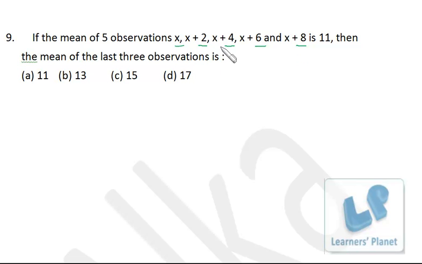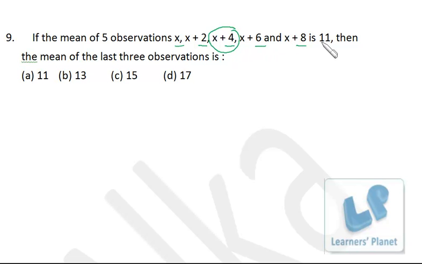Or we can say these 5 numbers are in arithmetic progression. The common difference between consecutive numbers is the same, right? So the mean will definitely be the center data, or we can say the middle data, right? So x plus 4 is actually the mean of all these 5 data.